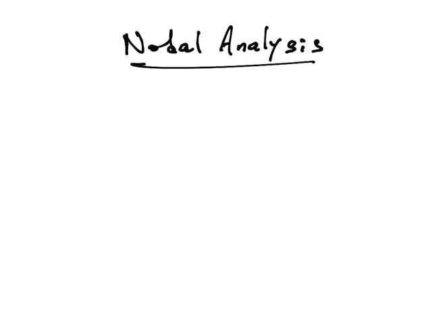Alrighty, so in this video we're going to move on to the next technique for analyzing circuits, which is called nodal analysis. Now last time we did loop analysis, which is the first kind of advanced way of analyzing a circuit. And with that, you would basically have a circuit.